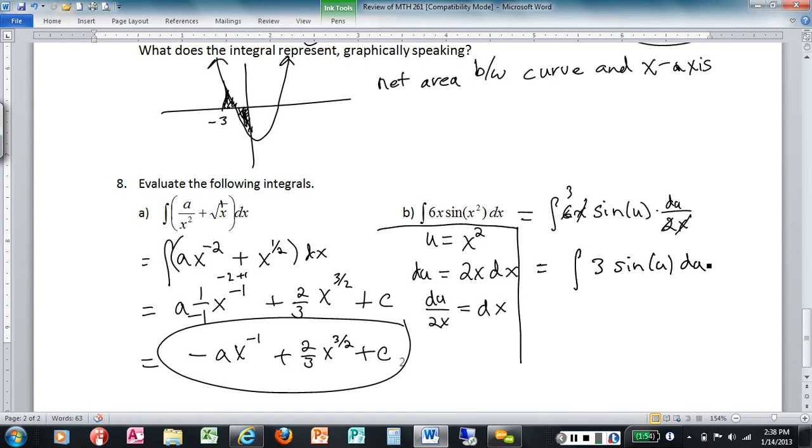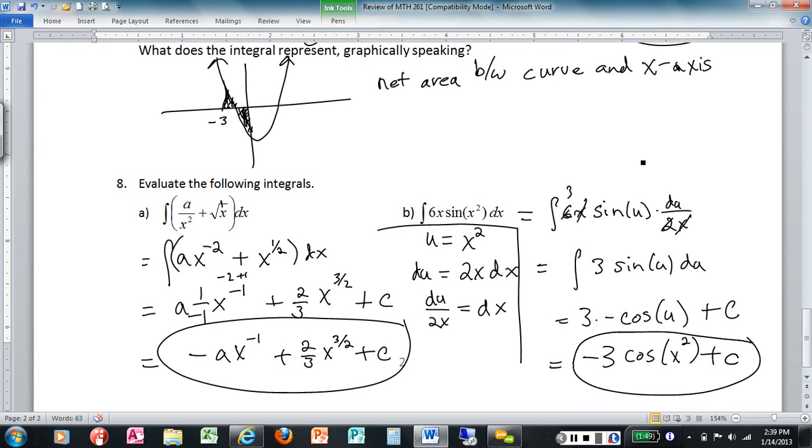I can do the antiderivative of sine, so it's 3 times the antiderivative of sine, which is negative cosine. Yeah, it works the opposite on antiderivatives. And then plus a c. And then the very last thing is to go back to x, so it's negative 3 cosine of u was x squared, so it'll be cosine of x squared. So yeah, don't forget about U substitution for integrals.